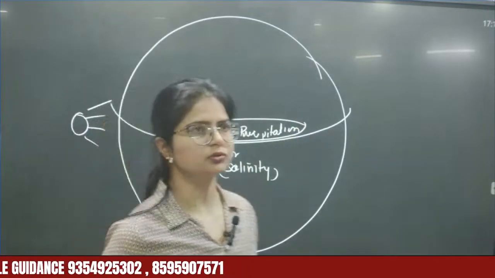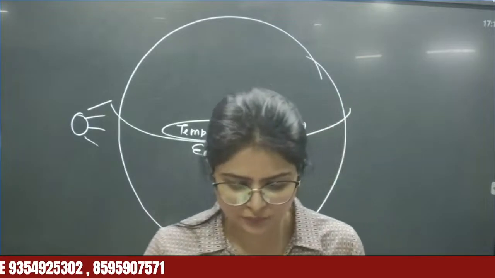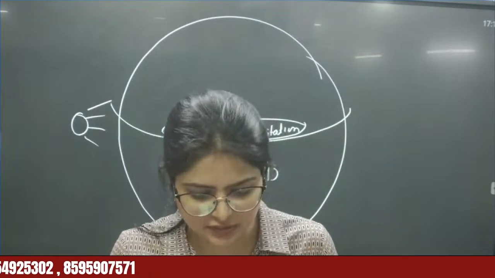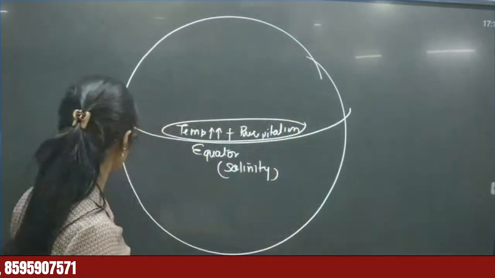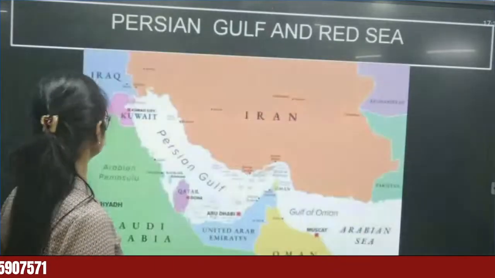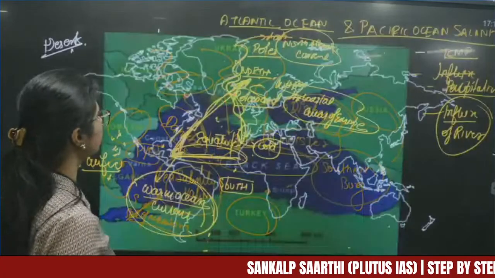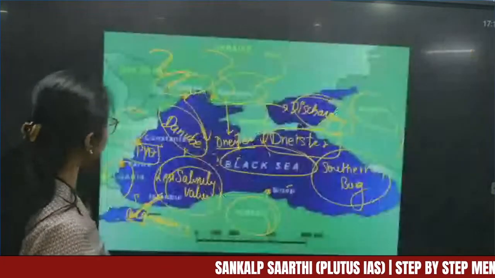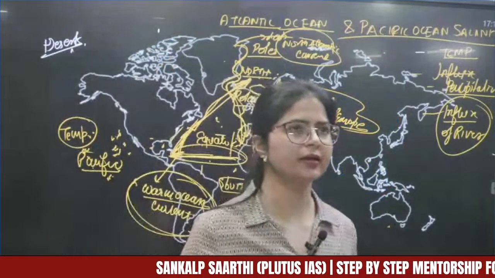So write down under geographical location: areas at different latitudes experience varying amounts of sunlight. Where is that slide where I have explained to you? Just look at the board.